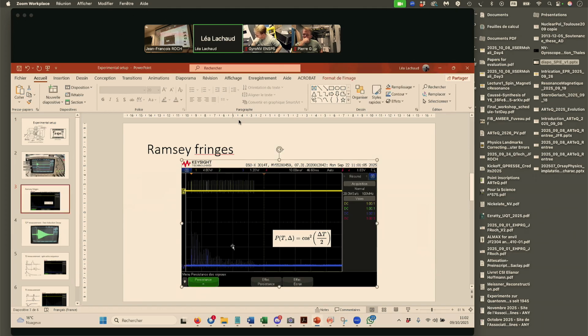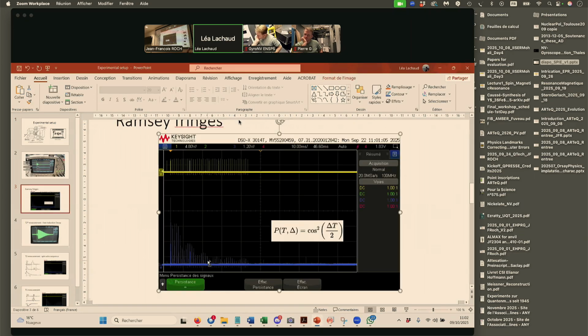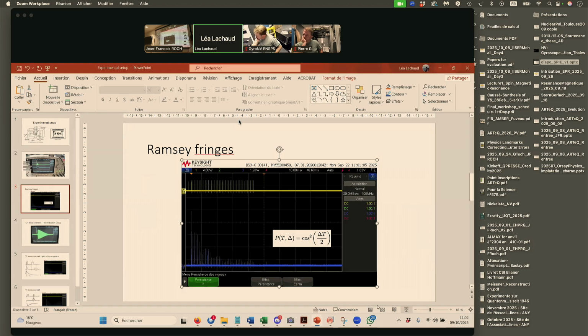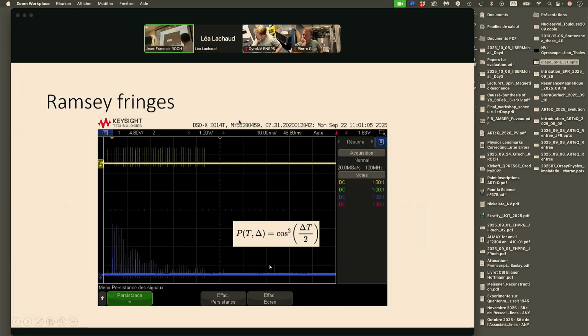Doing so, you get some signal like that. Can you see well? It's a little bit hard. Yes, we see. Okay. So basically, this starts. I'm scanning. You see, there is some persistence to show you all the points I did. So scanning the time delay between the two pi-half pulses, I observe an oscillation in the amplitude of the spin response, right?